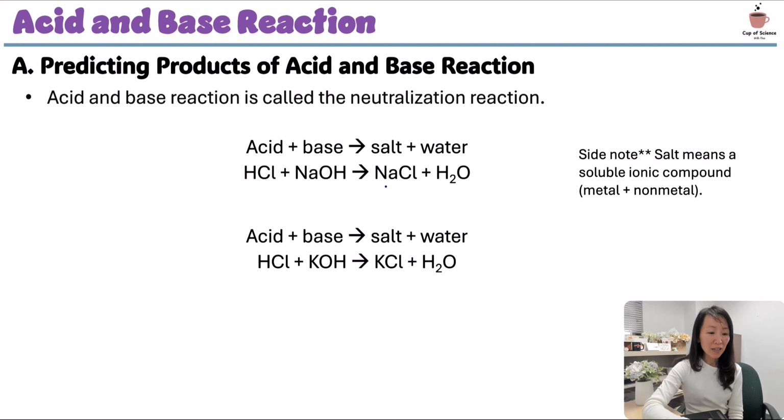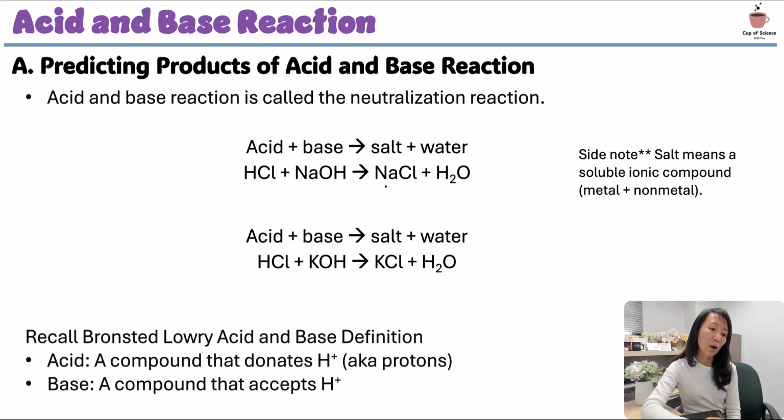Now note something here, that I have used the Bronsted-Lowry acid and base definition in order to identify the acid and base. For acid, it's a compound that donates, gives the H. So if you look over here, the hydrochloric acid gave the H to the base.